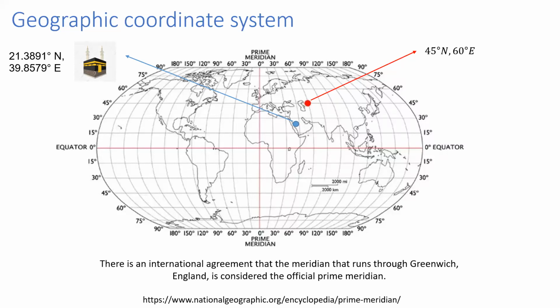So this prime meridian is running through Greenwich, a location in London, England. There is an observatory, and this line is passing through that observatory, and this is termed the prime meridian.